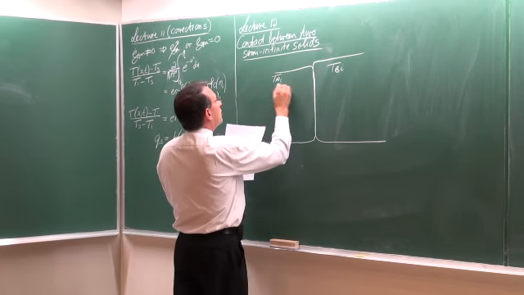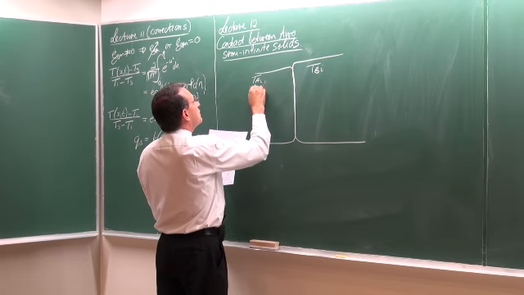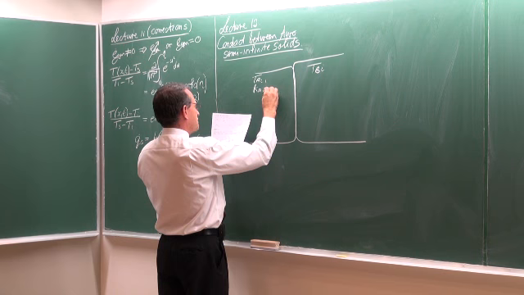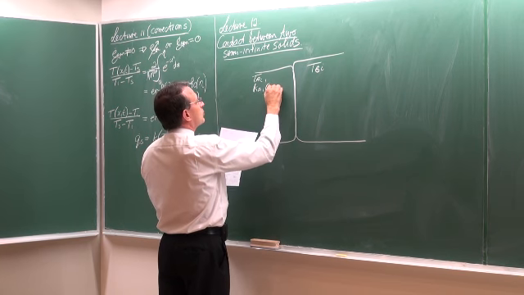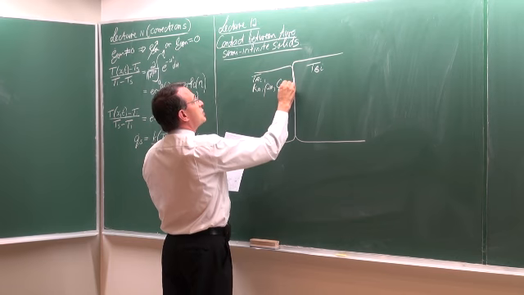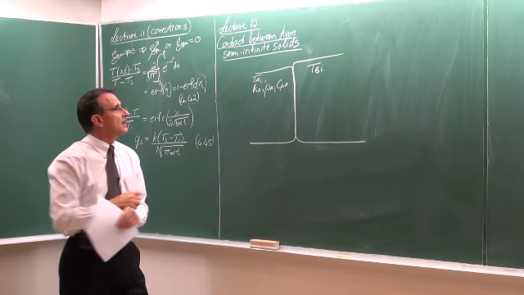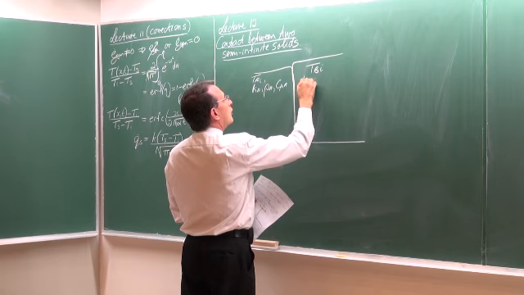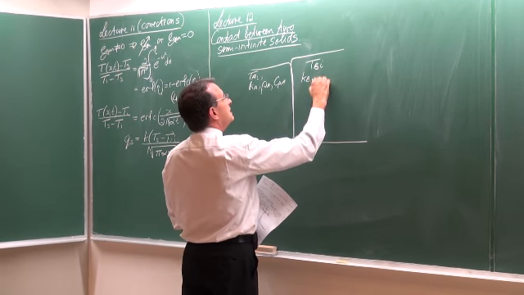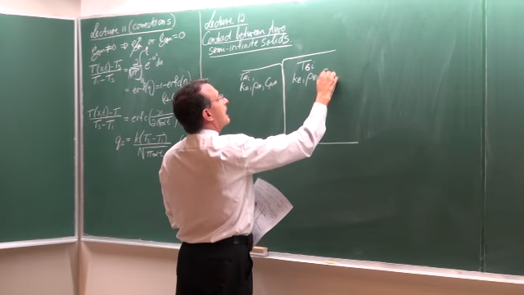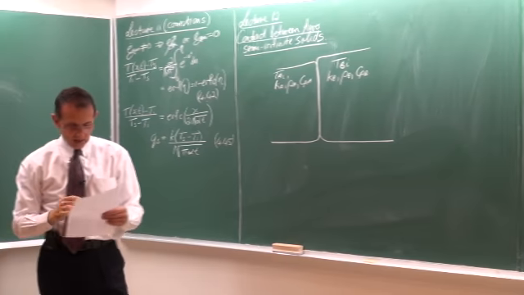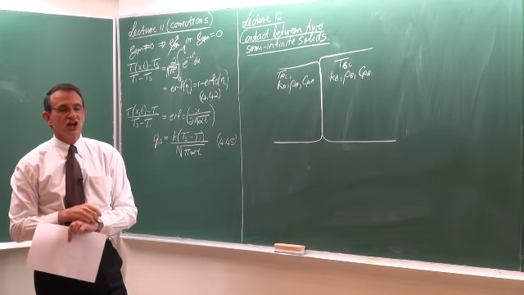And this body will have a certain thermal conductivity, a certain density, and a certain CP value, which is CPA. And this one will have different values: its thermal conductivity, its density, and its CP value. So 2 different bodies, and they make contact with each other.